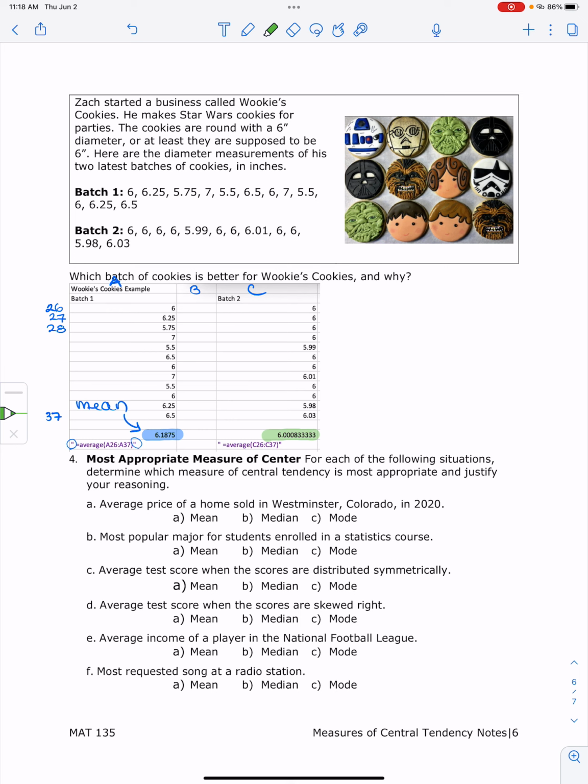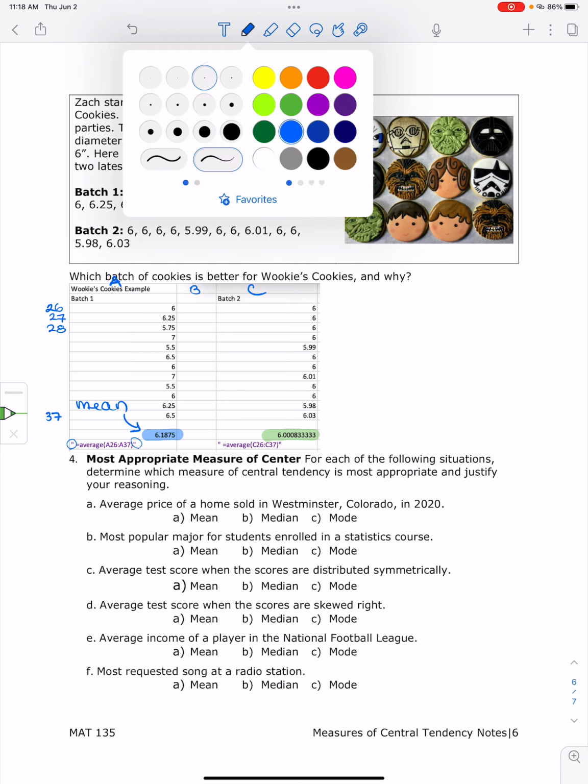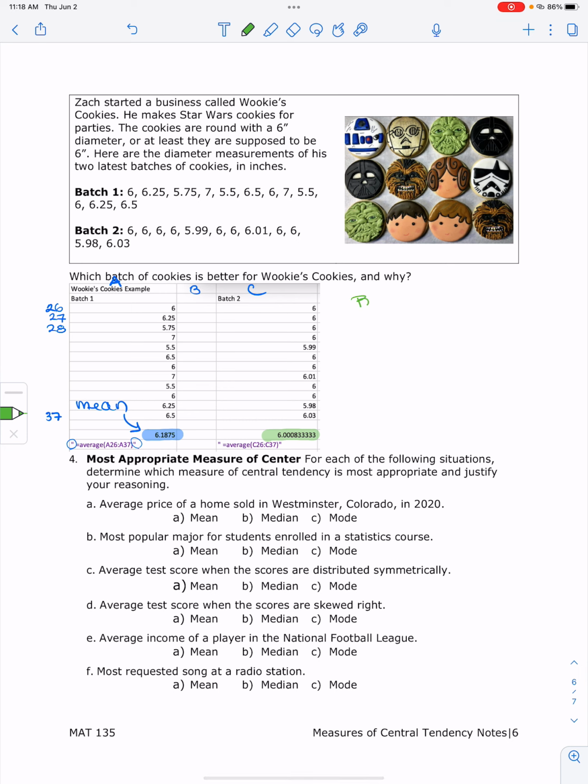Okay. So we want to know which batch of cookies is better for Wookie cookies. I'm going to say batch B is better. It's better for Wookie cookies. Batch A would be better for somebody like me who wants a larger cookie, but that's a whole different story.